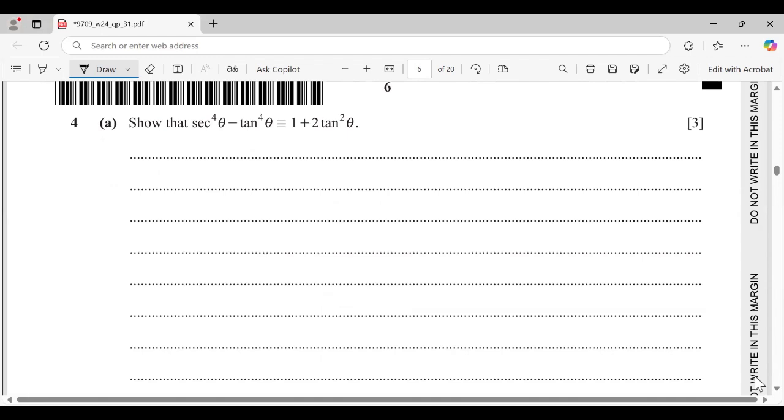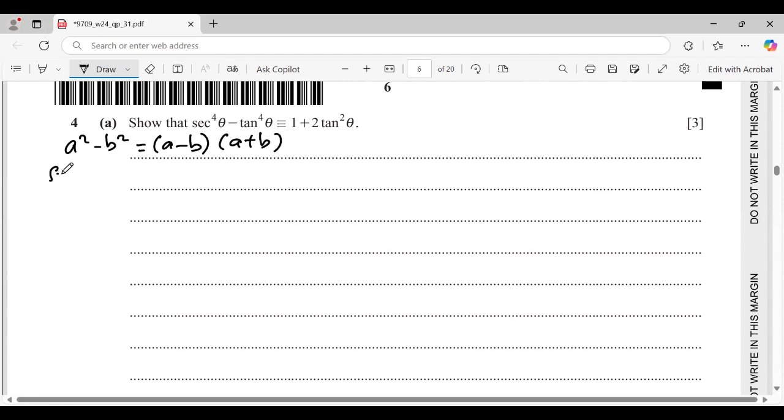Number 4. Show that secant to the power 4 theta minus tangent to the power 4 theta is equivalent to 1 plus 2 tangent squared theta. We are going to start with the difference of squares identity, which says that a squared minus b squared equals (a minus b)(a plus b).